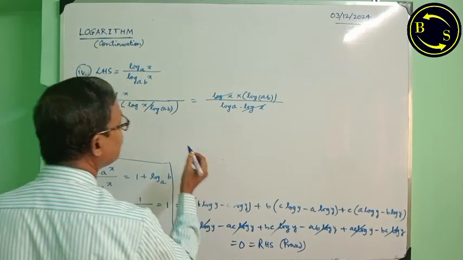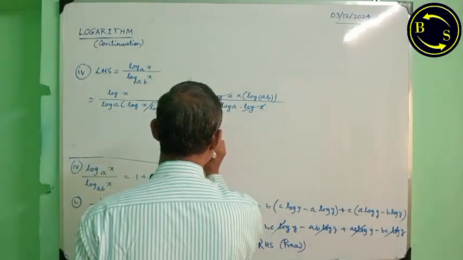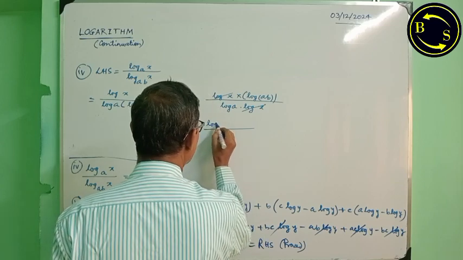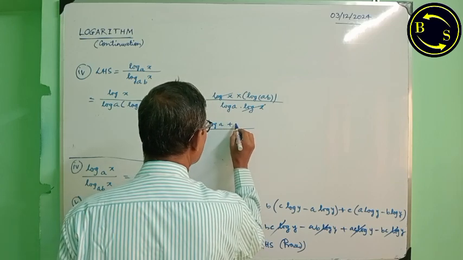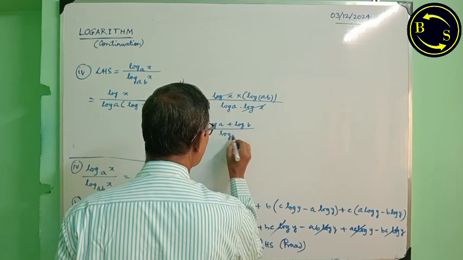Then log of ab is there. It is log a plus log b by log of a.